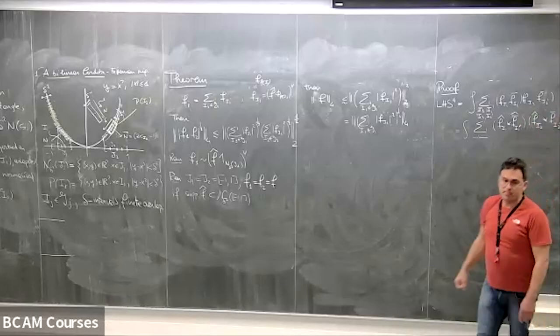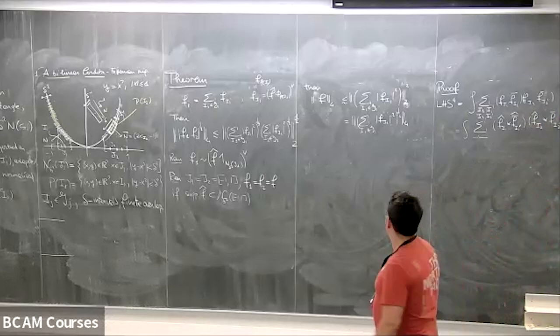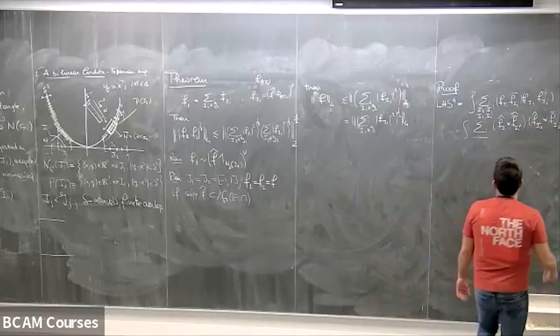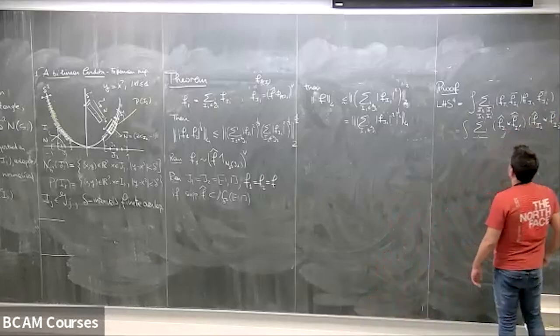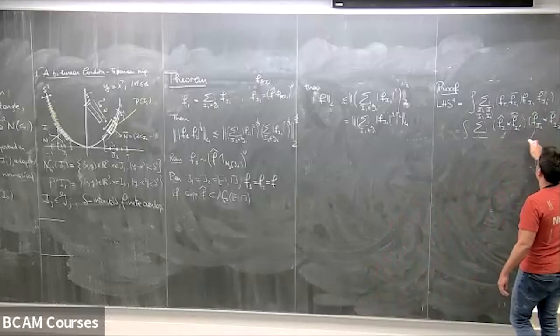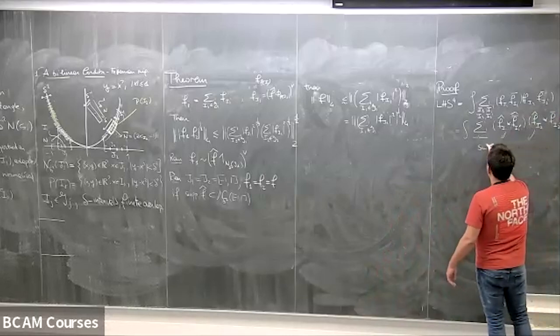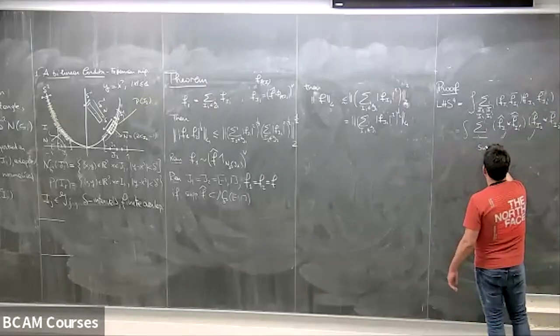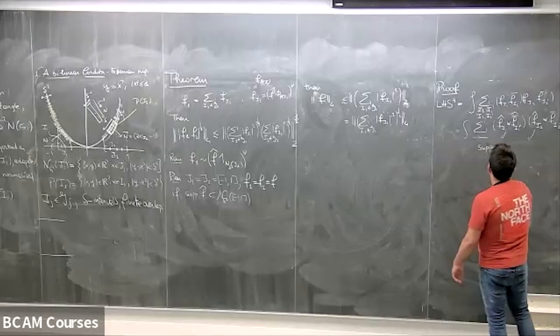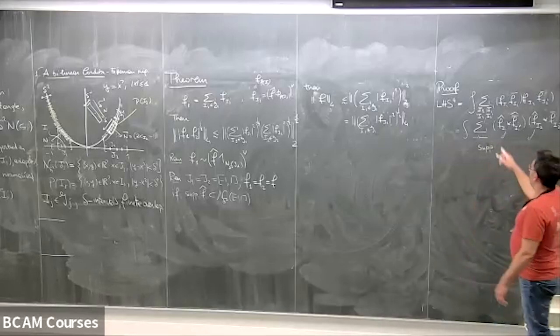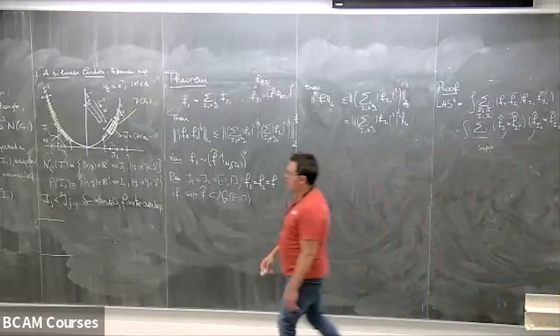Now this is a convolution, and the support of the convolution lies in the algebraic difference of the supports. And recall, where is each f_I supported?